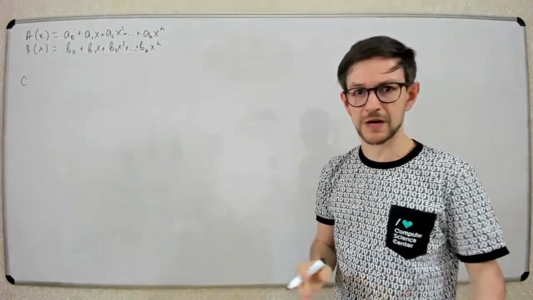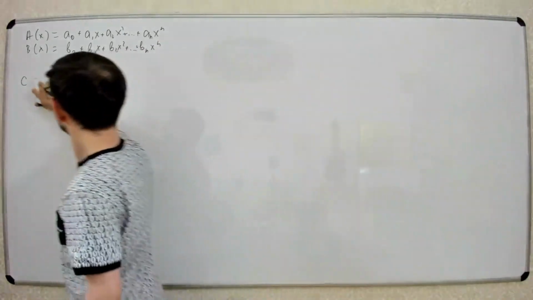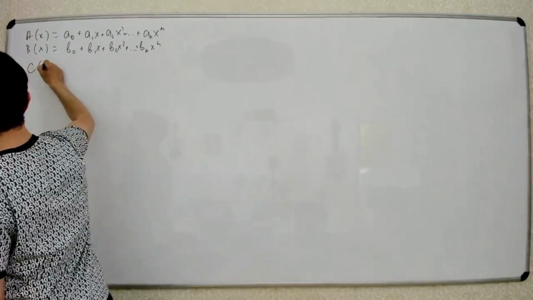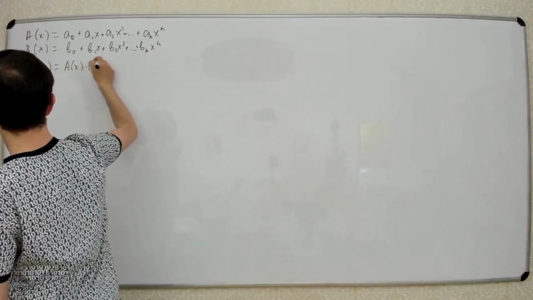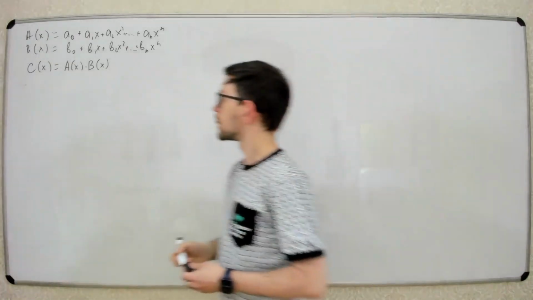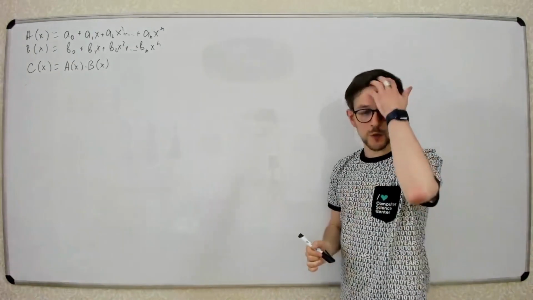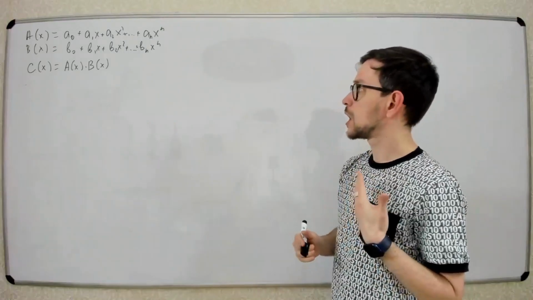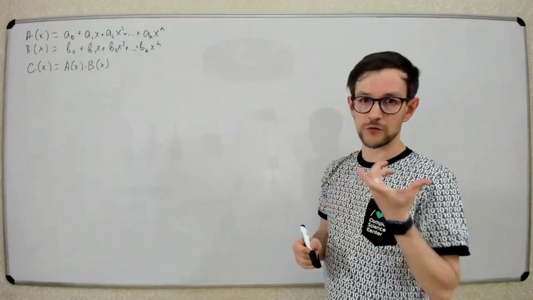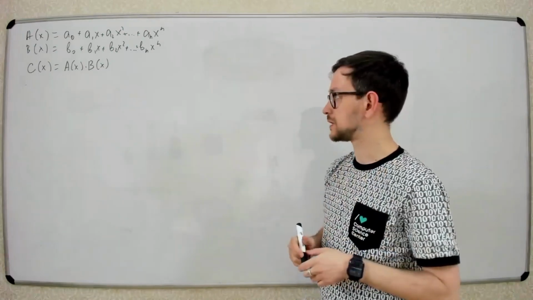And you want to calculate the product of these polynomials. Let c of x equal a of x multiplied by b of x. So the product of two polynomials is a polynomial. So I want to find the coefficients of this polynomial c.